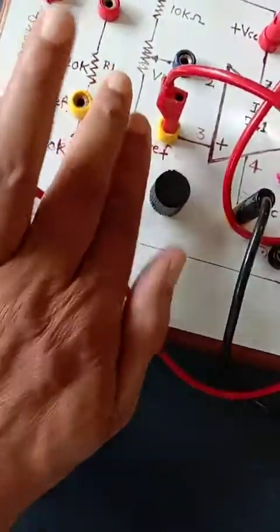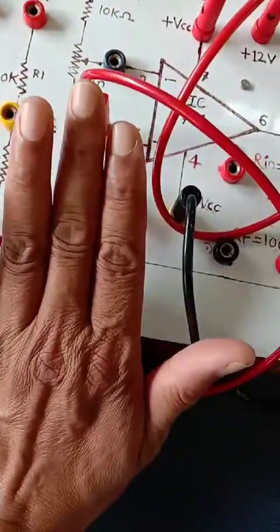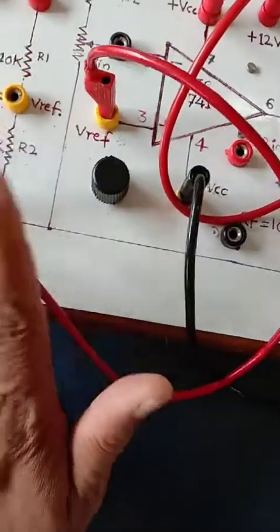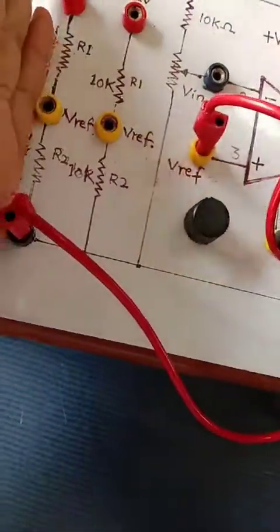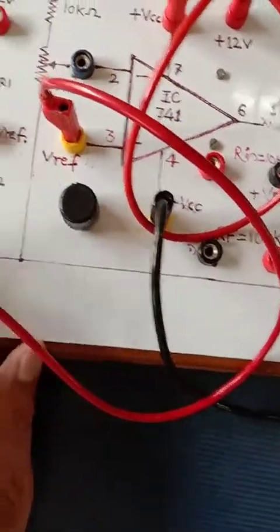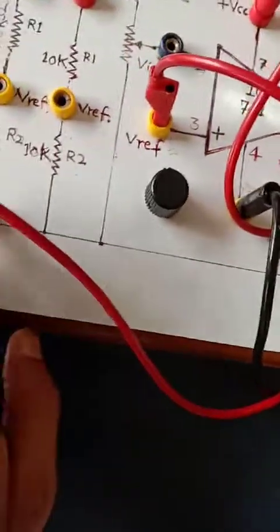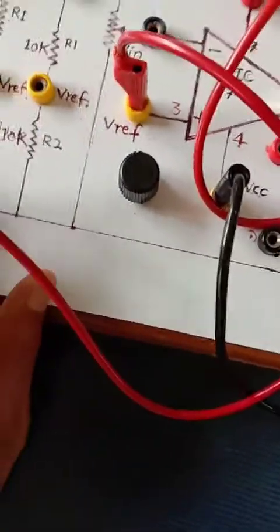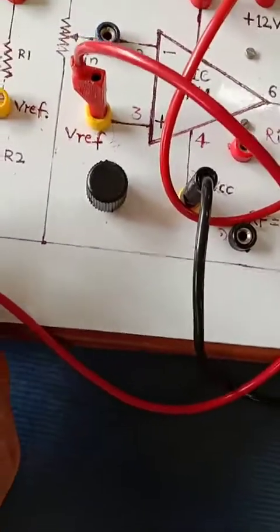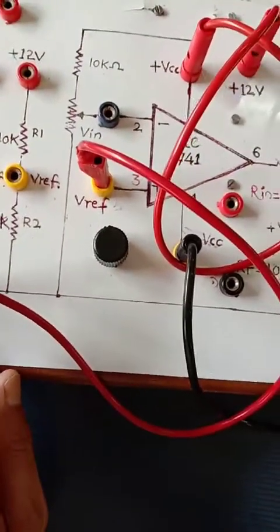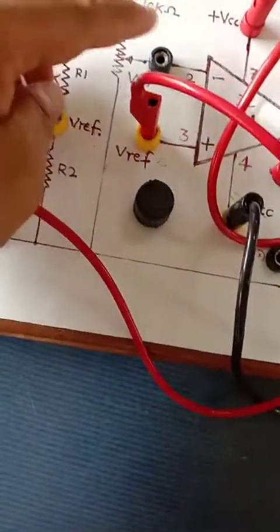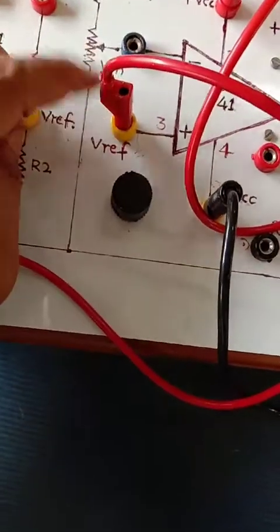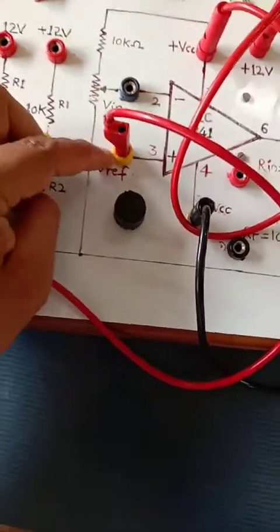Here we are not taking the reference voltage, because for a zero reference comparator the reference voltage is 0, so we are not using these voltage dividers in this first practical. Then the input voltage will be compared with 0 volt.